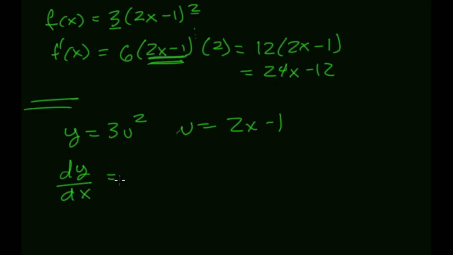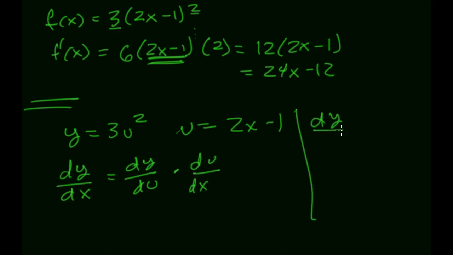That should be dy du times du dx. We know that dy du is 2 times 3, which is 6u to the first. And then du dx is the derivative of 2x, which is 2, and the derivative of the constant is 0, so it's 2.